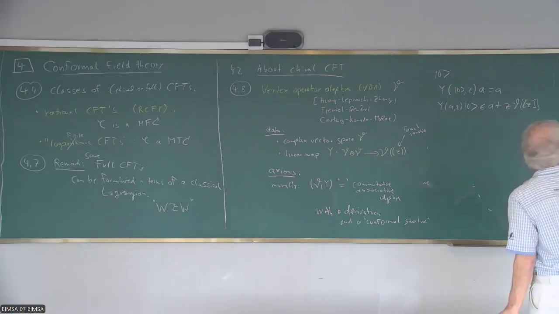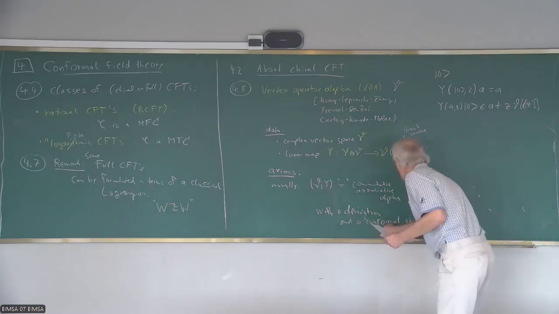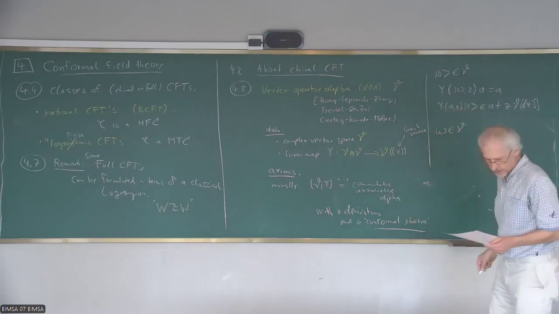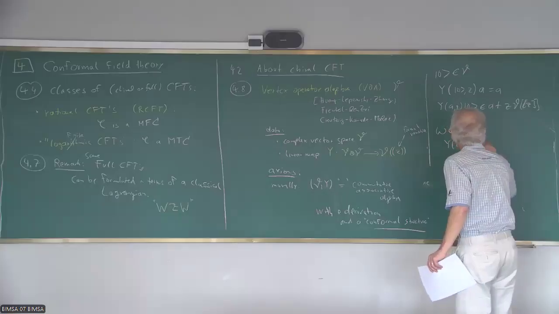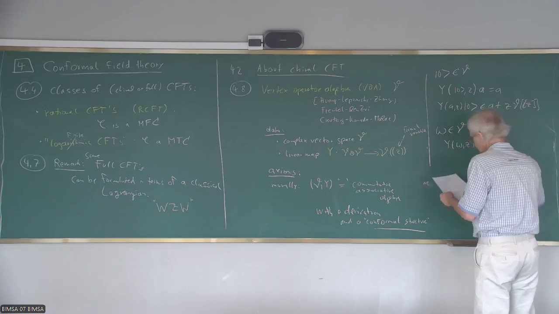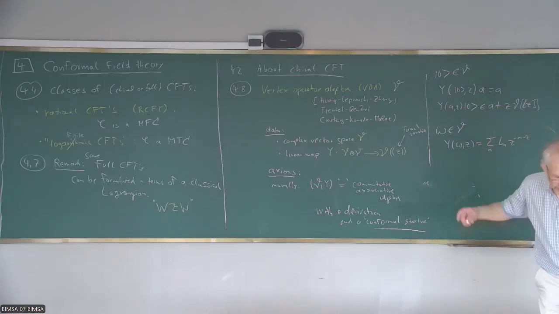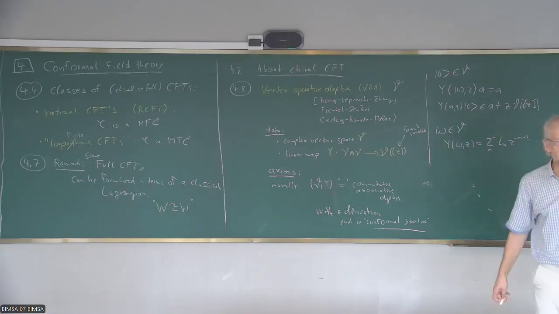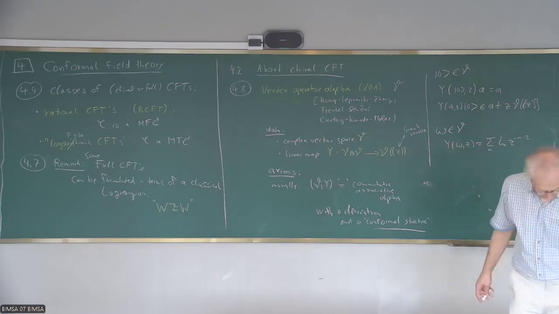And then conformal structure means that there is a particular vector omega in V, which, when I look at the corresponding field and expand this, now in a slightly different way than before, namely I define L_n as the coefficient of z to the power minus n minus 2, then these endomorphisms L_n generate a representation of what is called the Virasoro algebra with a fixed value of the central charge.